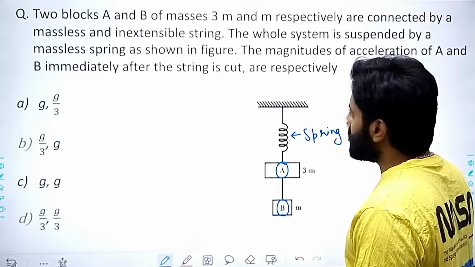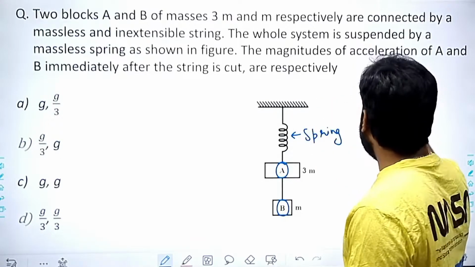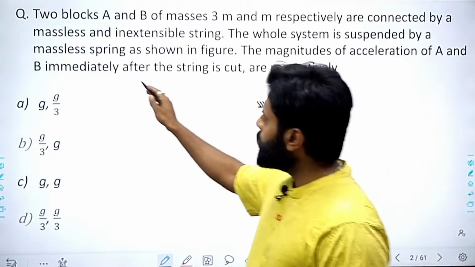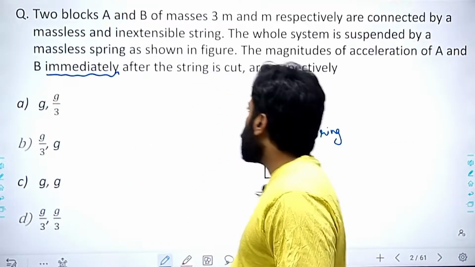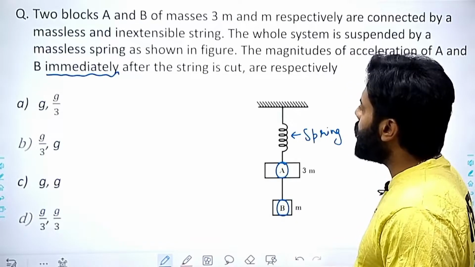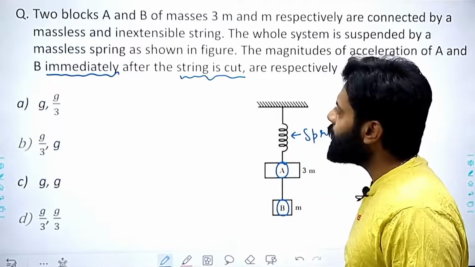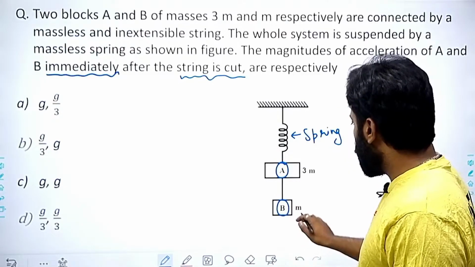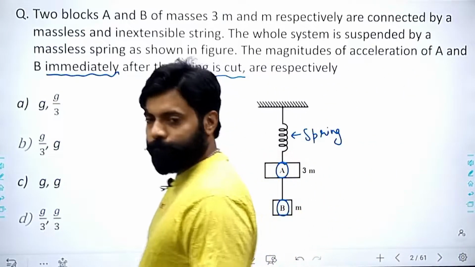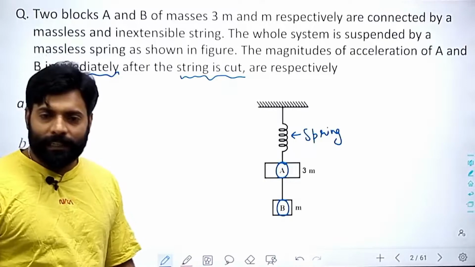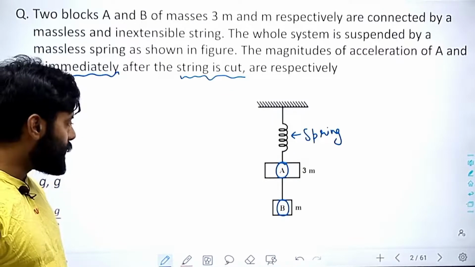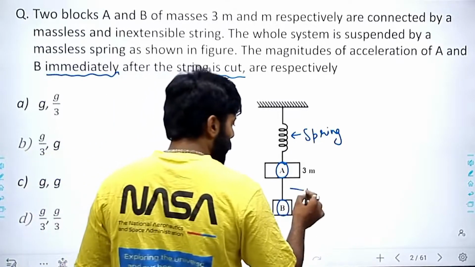We have to find the magnitude of the acceleration of A and B immediately after the string is cut. So this is the string.